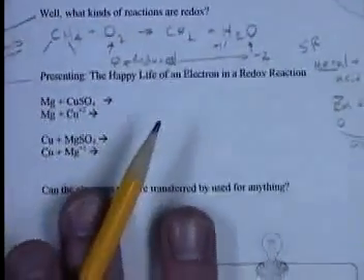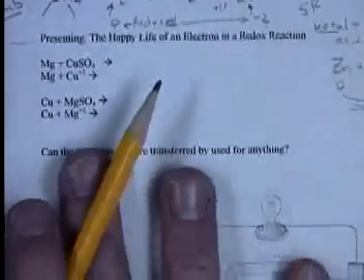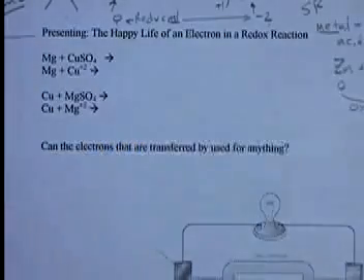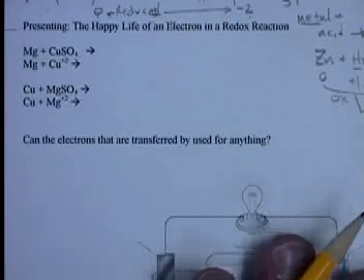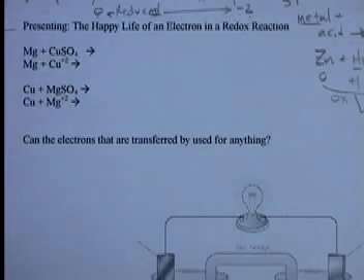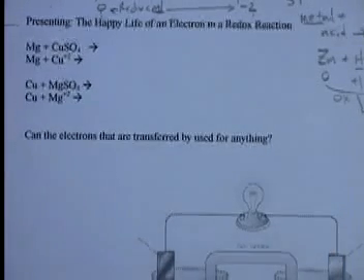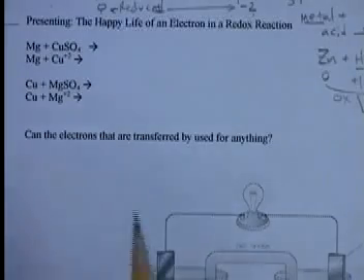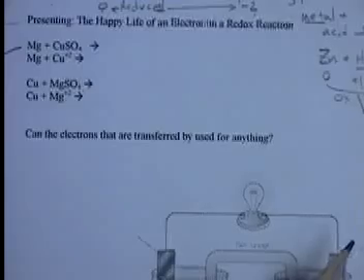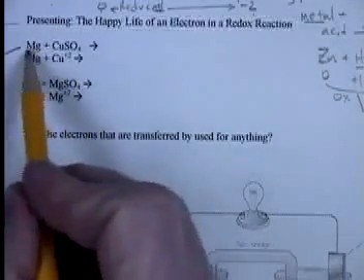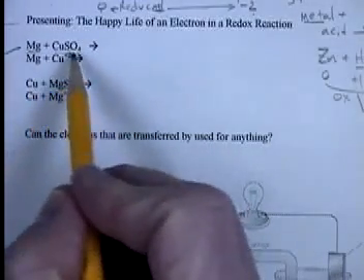Now you saw a number of other redox reactions in our qualitative analysis scheme that we did just in the past week or so. But let's look more in depth at the life of an electron in a redox reaction and what actually happens to those electrons. Here's a single replacement reaction, not with an acid, but with magnesium metal and some copper sulfate.